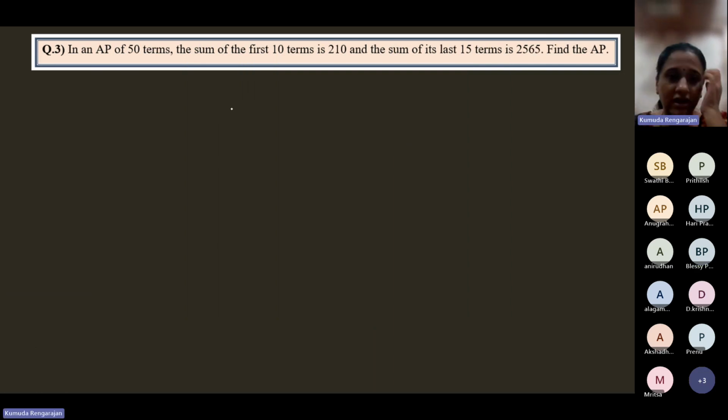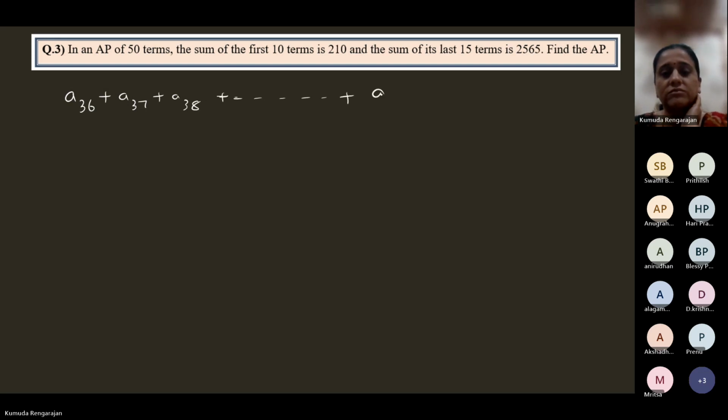Yes, A36, children. See here, 36th term. So 36, 37, 38, 39, 40, 41, 42, 43, 44, 45, 46, 47, 48, 49, 50. So from the 36th term to the 50th term is the last 15 terms, and the sum of the last 15 terms is 2565.